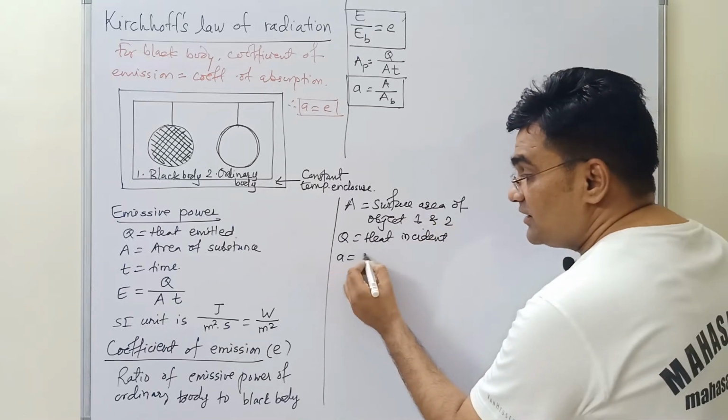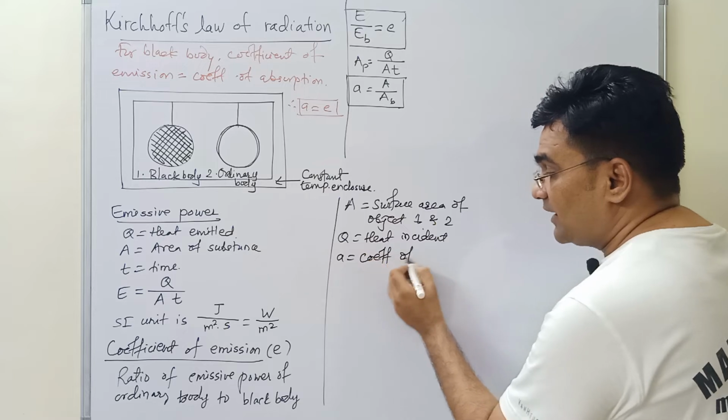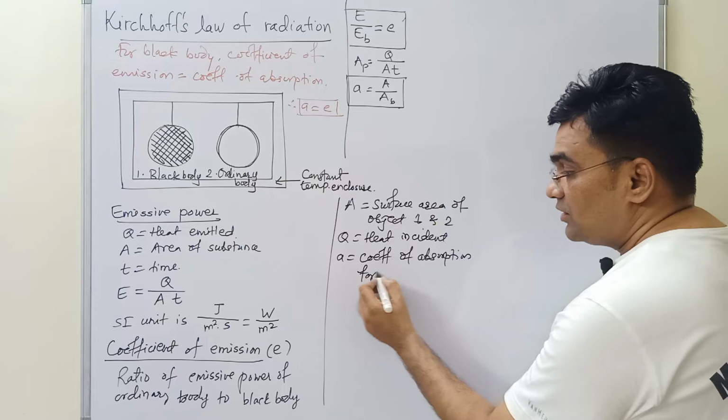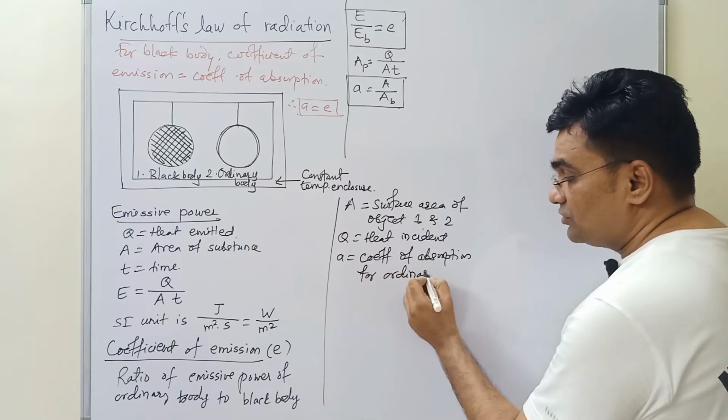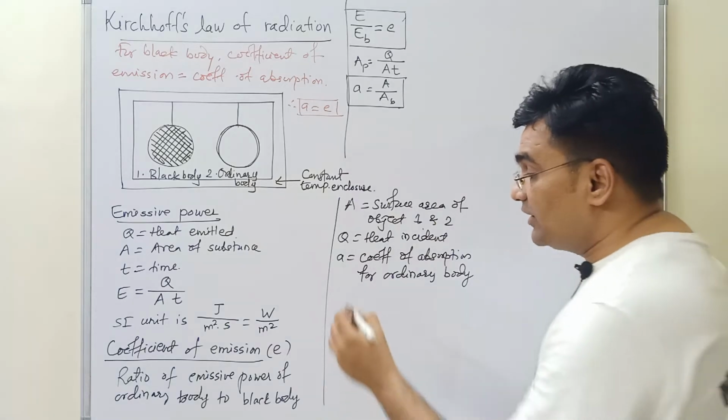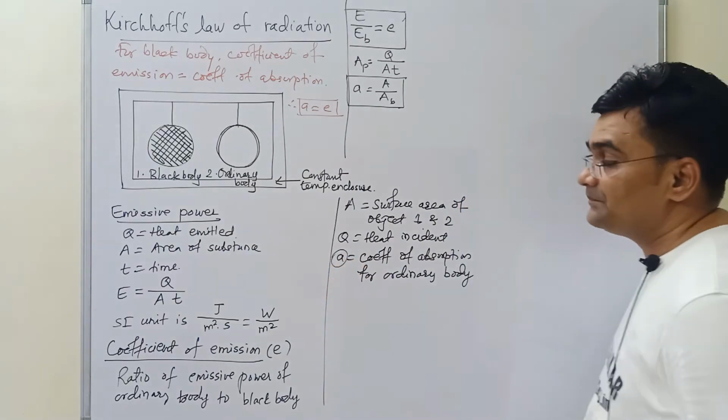Say small a is the coefficient of absorption for the ordinary body. How much heat will be absorbed by that ordinary body depends upon this value of a.